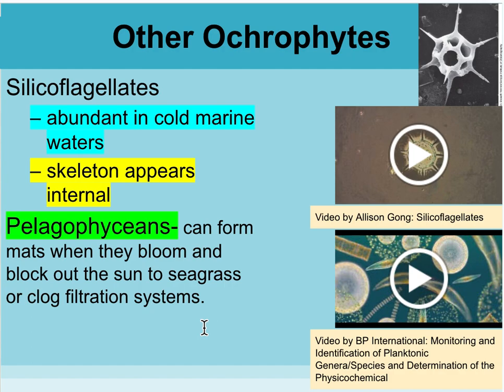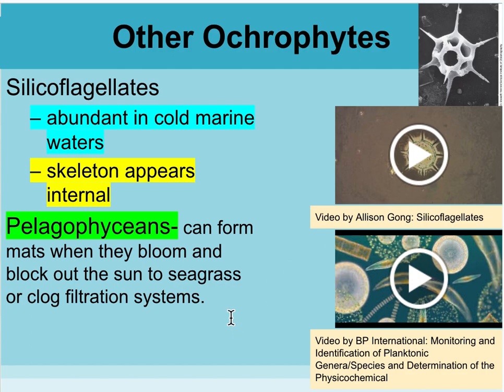Another type is called the Ochrophytes and the Silicoflagellates. These guys are very common in very cold marine waters. They have this cool skeleton on the outside, which can be exposed, or you can have cellular tissue go around it.